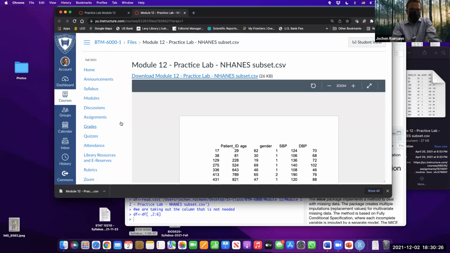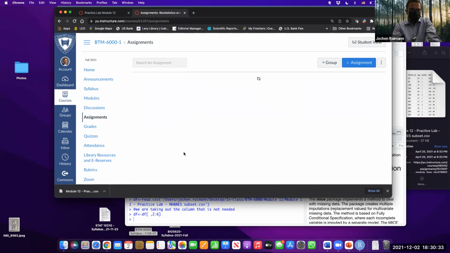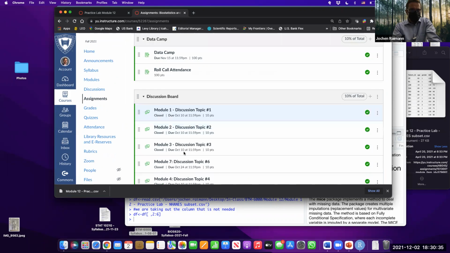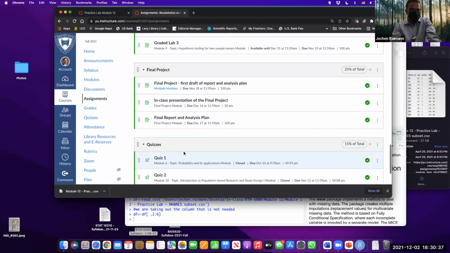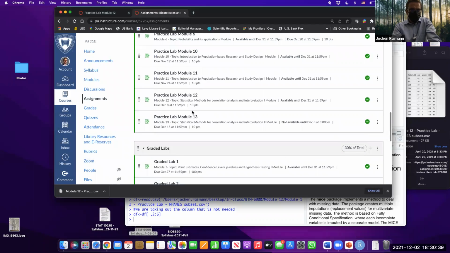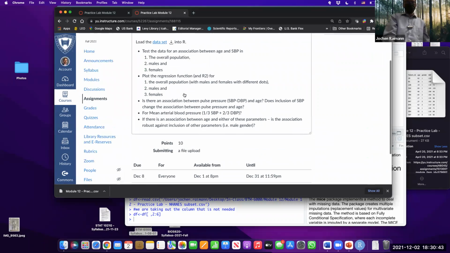in the practice lab, we are now being asked to do the following. We're testing the association between age and systolic blood pressure in the overall population, between males and females.